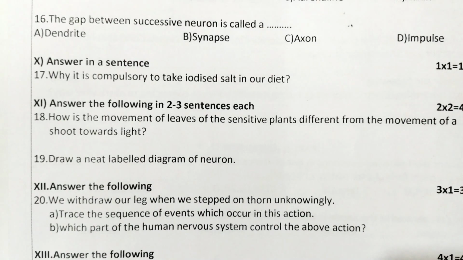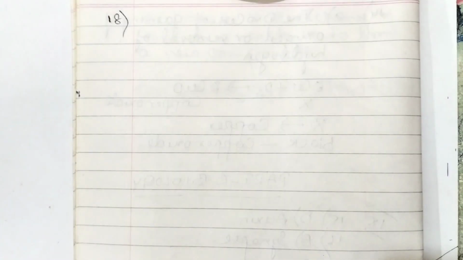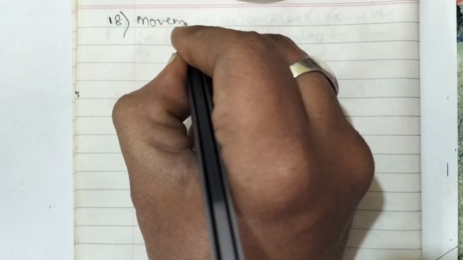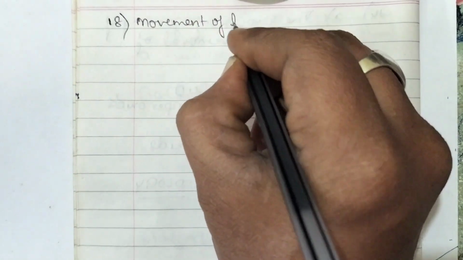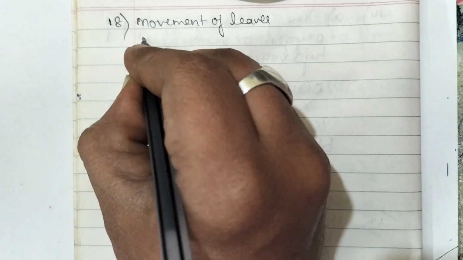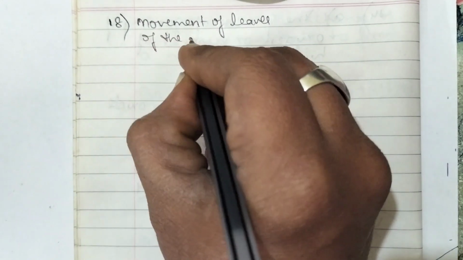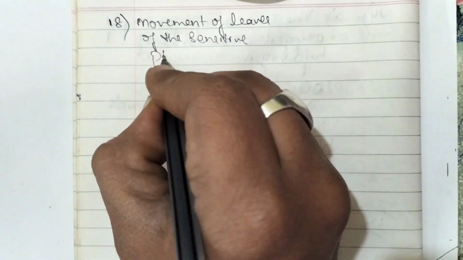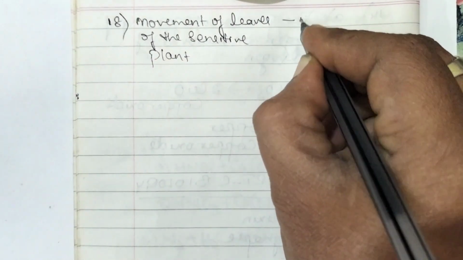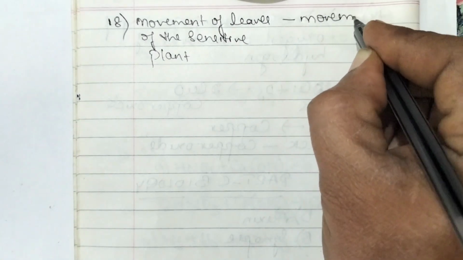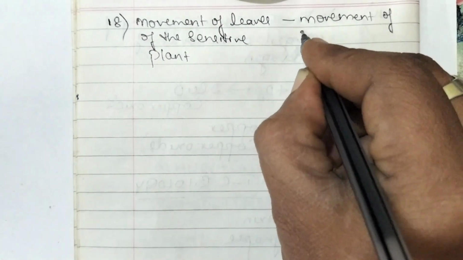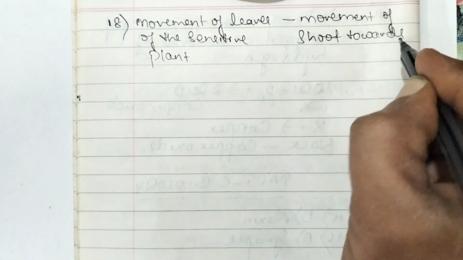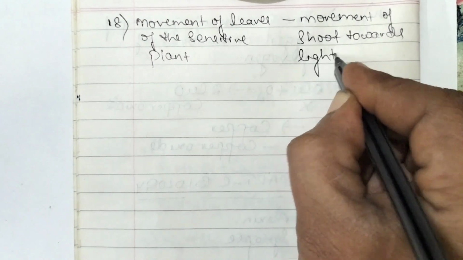So let us differentiate between the movement of leaves of the sensitive plant and the movement of shoot towards light.